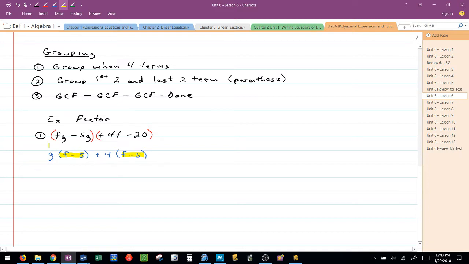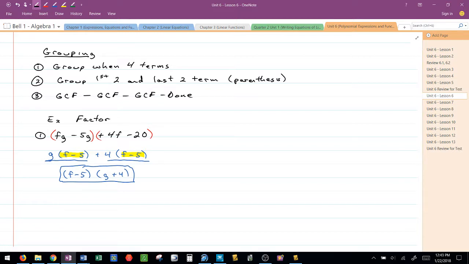That's actually the GCF of that line. So I'm going to write down F minus 5 and divide each term. Here's one of the terms. Here's the other term. Divide each term by F minus 5. And that leaves me with G plus 4. So those 4 terms actually created for me a binomial multiplication scenario.